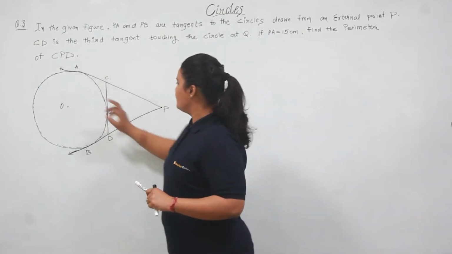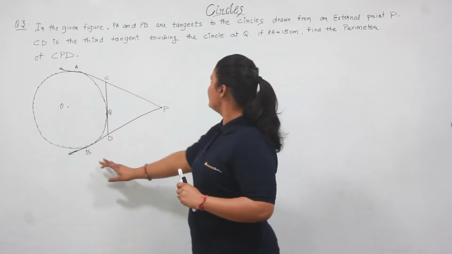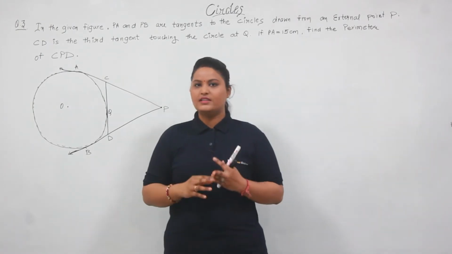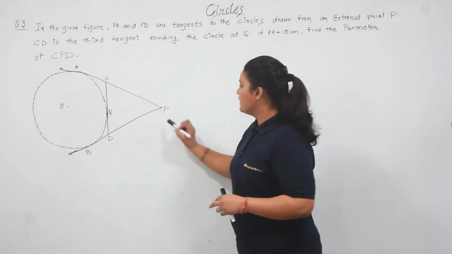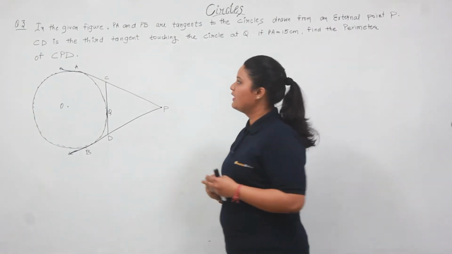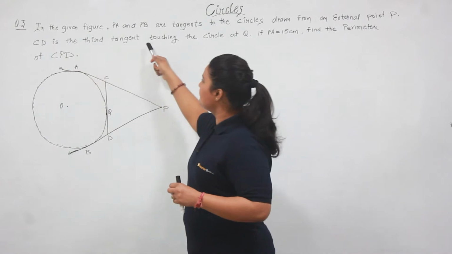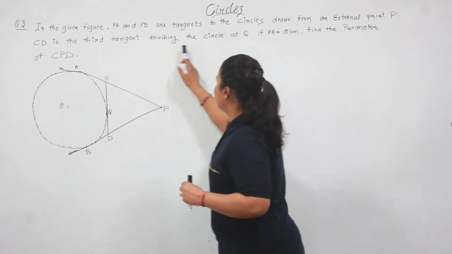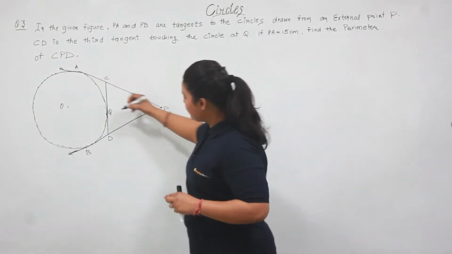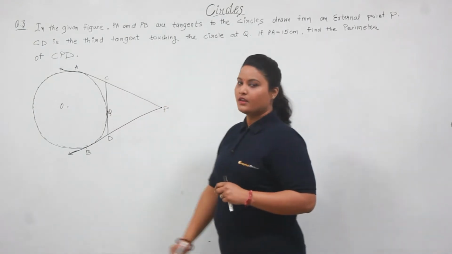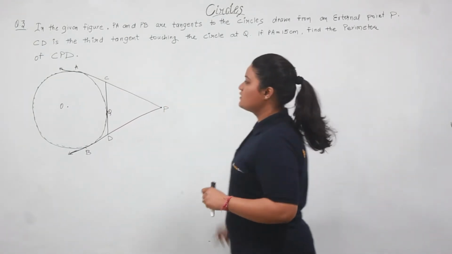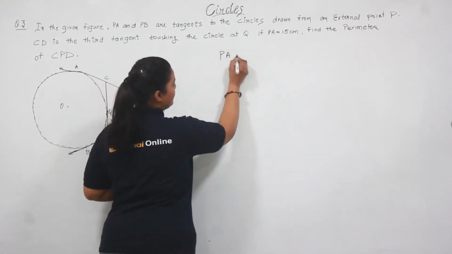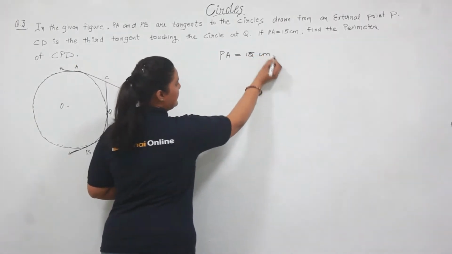It is clearly visible that PA and PB are the 2 tangents to the circle drawn from an external point P. Obviously, all the tangents are drawn from the external point, so that external point is P. Now, CD is another tangent, my third tangent, touching the circle at point Q.